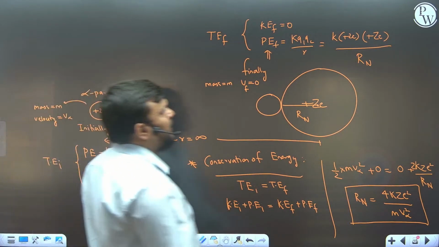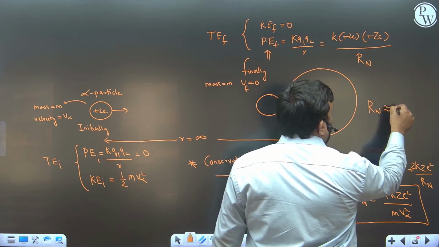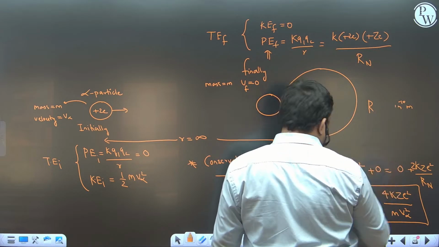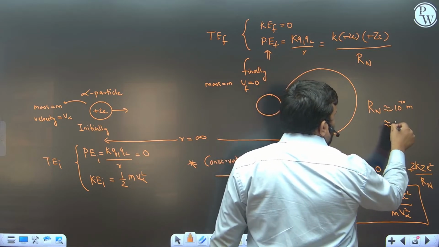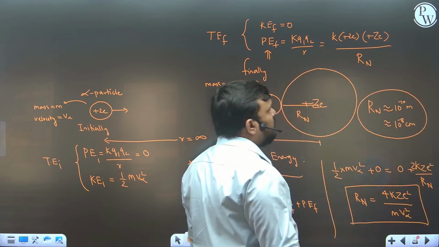So by this experiment only we came to know that the radius of the nucleus is of the order of 10 to the power minus 15 meter, or you can say 10 to the power minus 13 centimeter.